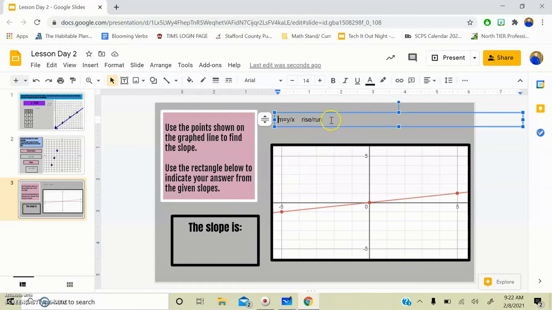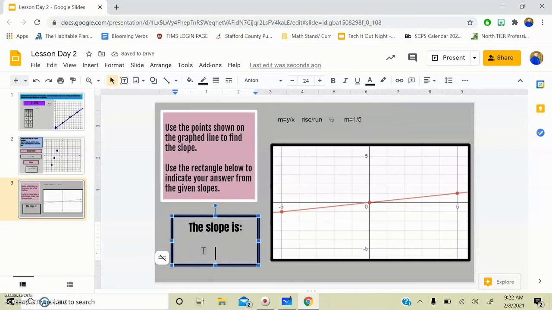So my rise was 1 and my run was 5, meaning my slope is equal to 1/5. My m value is 1/5, so I could just put 1/5.